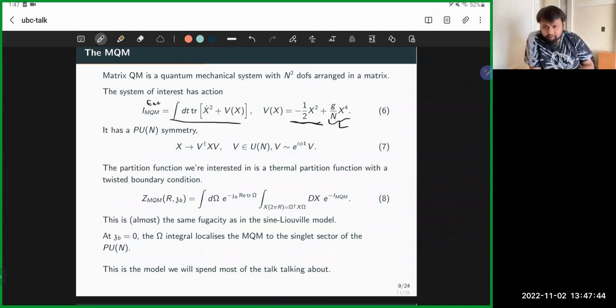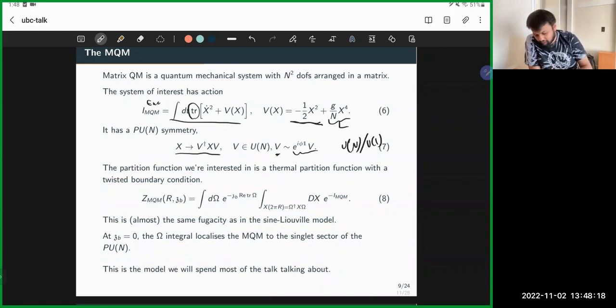It has a symmetry because of the trace in the action, which looks like conjugating x with a unitary. Now, the actual group will be important, so let me be a bit pedantic. You can conjugate x with any unitary, of course. But whether you conjugate x with V or e to the i phi V, where e to the i phi is just a phase, obviously x changes in the same way for both conjugations, because the phase just cancels between V dagger and V. So the group is actually U(N) mod the phase U(1).